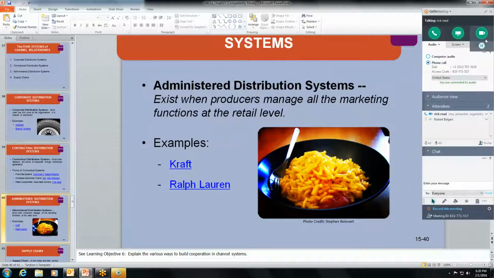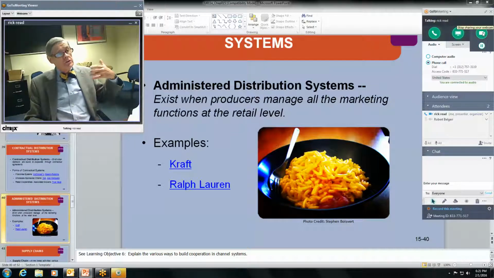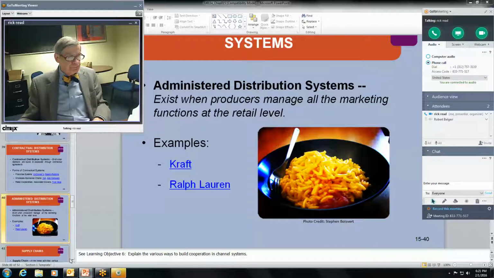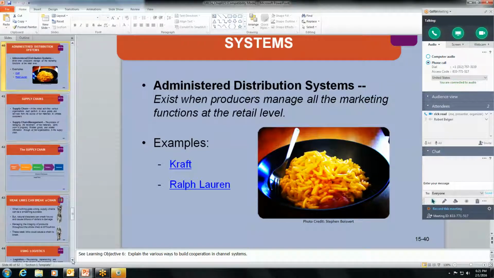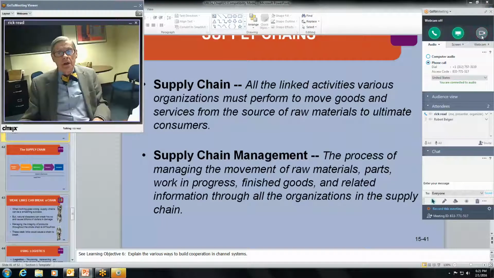Administered distribution systems. Here the producer, manufacturer, manages all the marketing functions at the retail level. And here we have Kraft and Ralph Lauren. Then we move to supply chains, which are different.